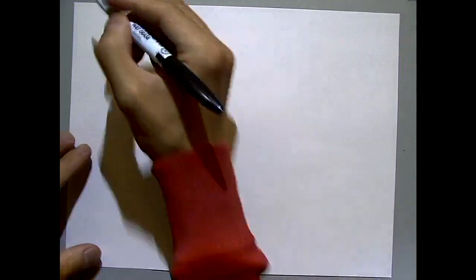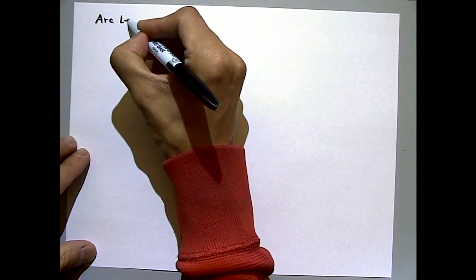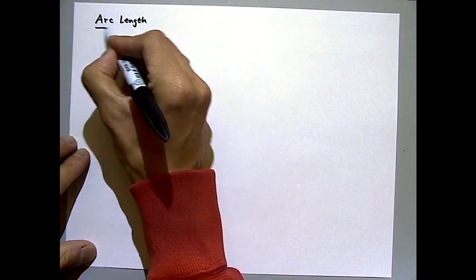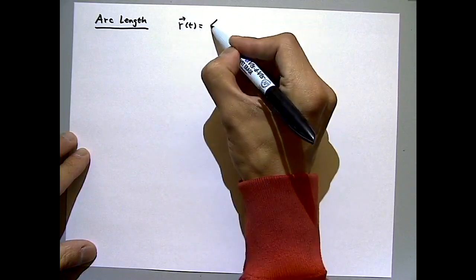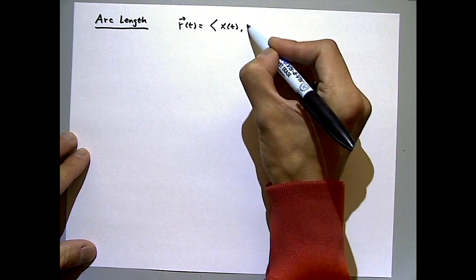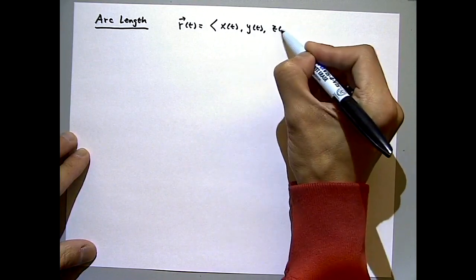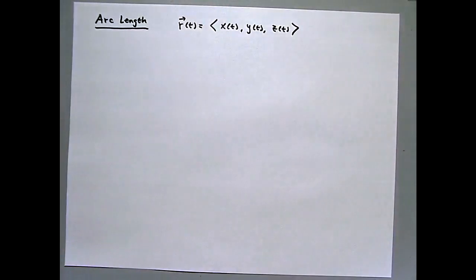Okay, let's see. What's the next thing we'll look at? Aha. Let's talk about arc length. So arc length, this is what happens when you have a space curve, a 3-dimensional one, x, y, and z, and they're each a function of a parameter t.